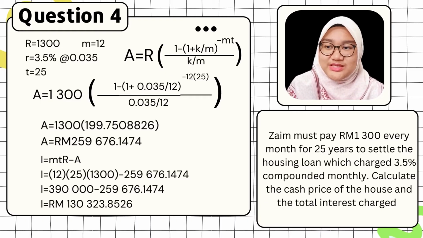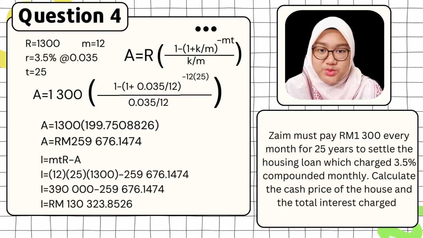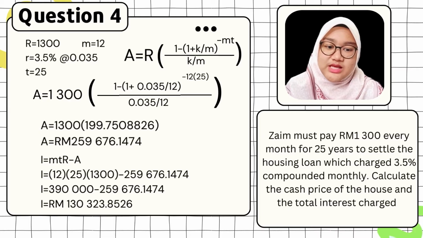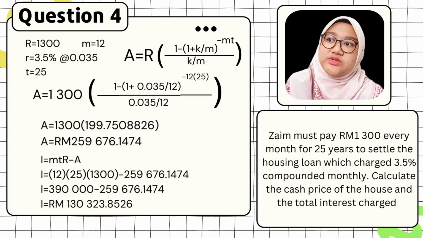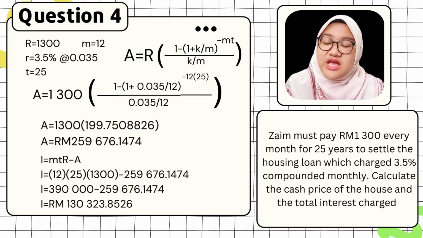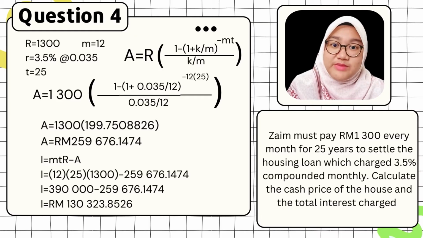So in this question, you need to calculate the cash price and the total interest charge. So let's calculate the cash price first. To calculate the cash price, we need to use the present value formula, which is A. R is 1,300, T is 25 years, K is 3.5% equal to 0.035, and M is 12 because it states that it's compounded monthly.